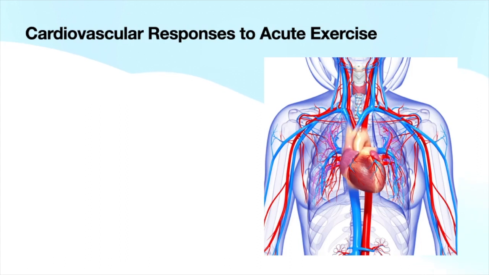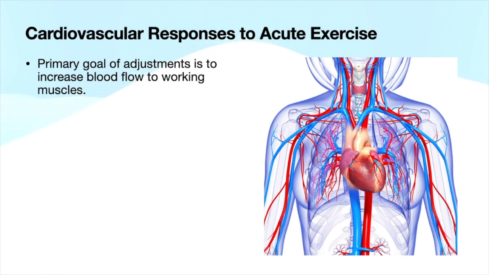There are numerous interrelated cardiovascular changes that occur during dynamic or acute exercise. The primary goal of the adjustments of our cardiovascular system is to increase blood flow to working muscles.